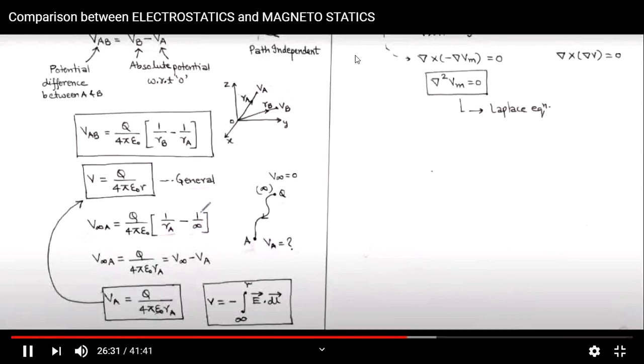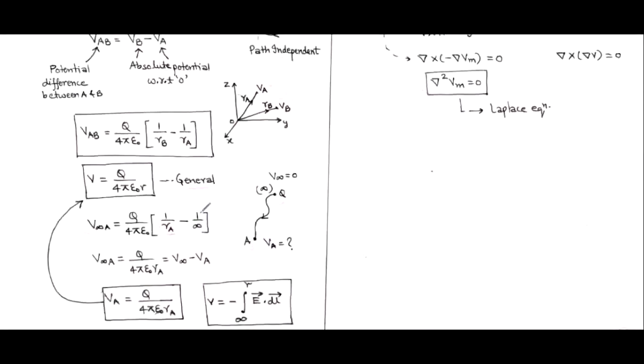So after putting the values, we get the potential difference between point A and infinity, and it is equal to Q upon 4 pi epsilon naught RA, because we know that 1 upon infinity is equal to 0. This potential difference is equal to V infinity minus VA, and potential at infinity is 0, so it is equal to VA.